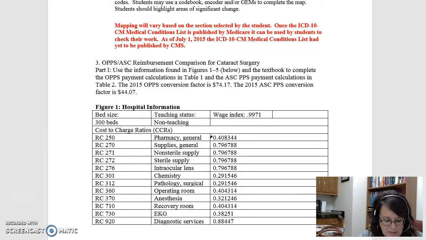Step 2 says, what is the APC payment rate times 0.60 times the wage index? The APC payment rate, if you look up at the directions right above table 1, step 1 said calculate the APC payment rate.